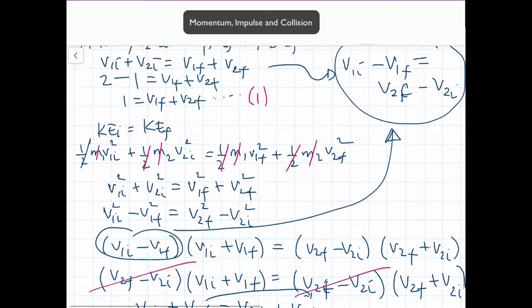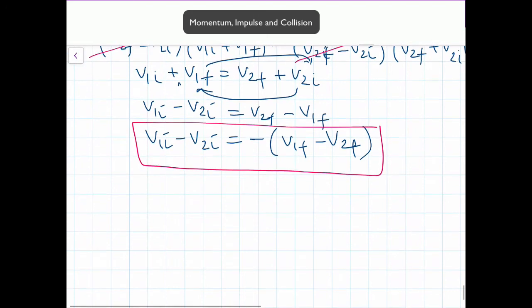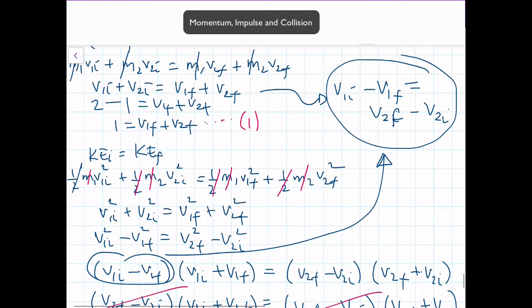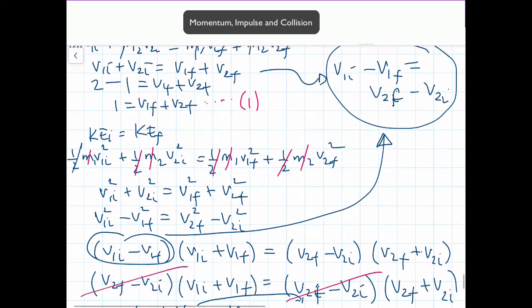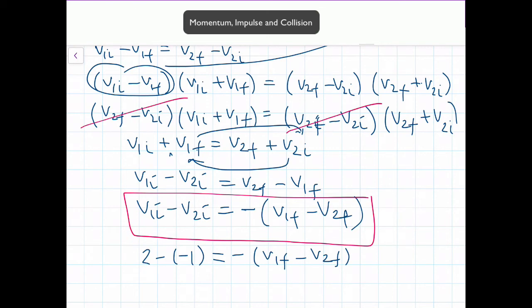So our values were 2 and minus 1. So what you have here is 2 minus of 1 equals minus of v1 final minus v2 final, right? So v2 initial was that.